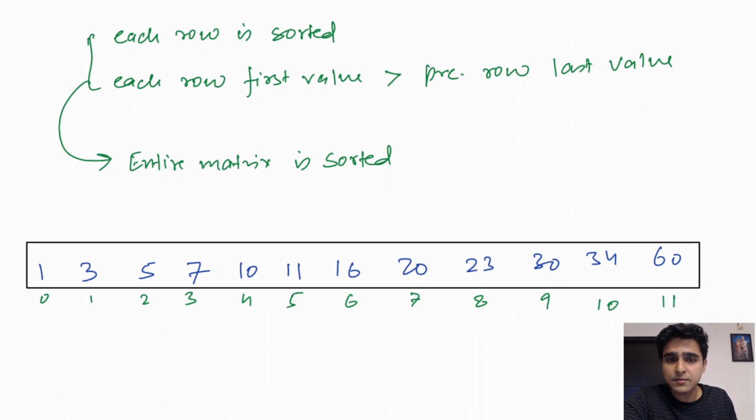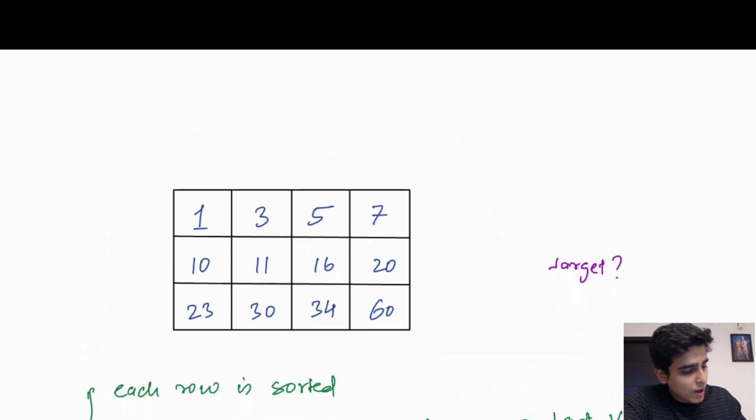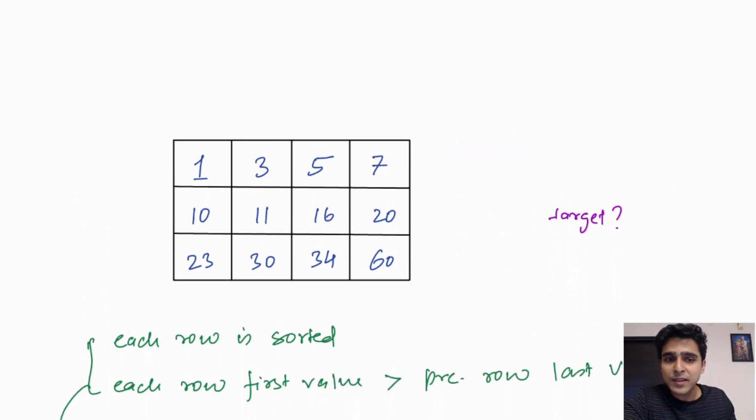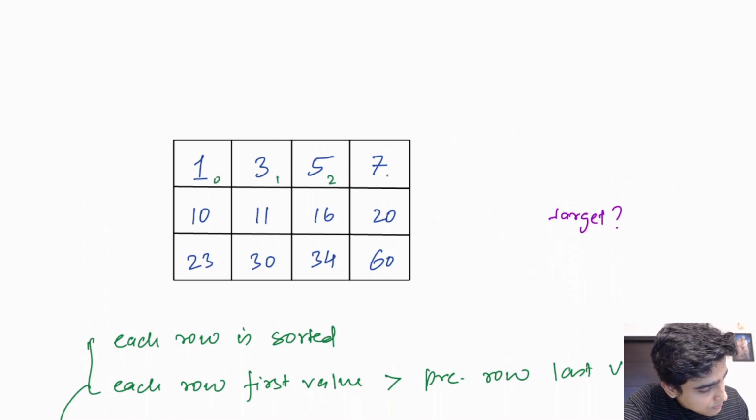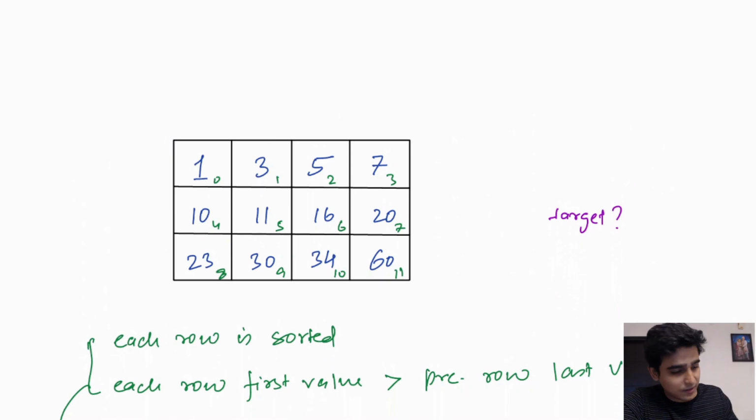Now let's see, can we map that index to this? So what we are saying is the indexing should be like 0, 1, 2. We want this indexing for the matrix, but currently the matrix is indexed 0, 1, 2 and 0, 1, 2, 3. This is row and this is column.